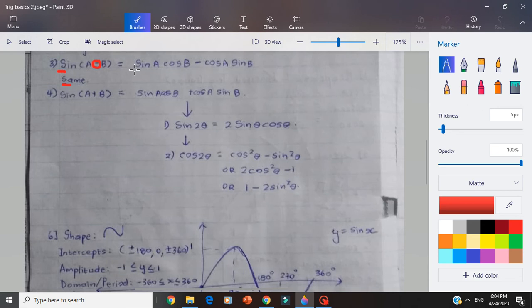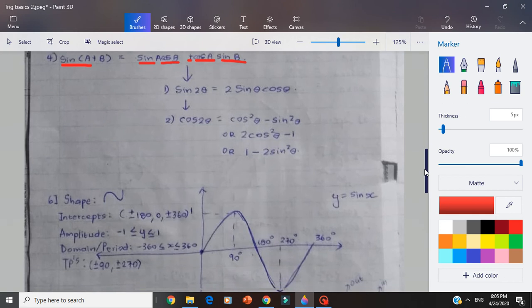So you've got sine of A, then cos of B, keeping the sign the same, you've got cos of A, sine of B. Similarly, sine of A plus B is sine A cos B plus cos A sine B.